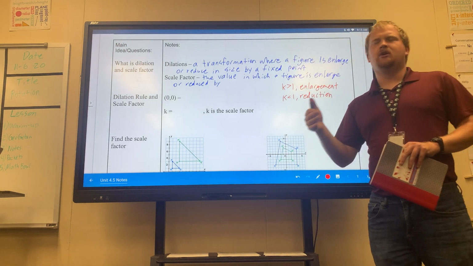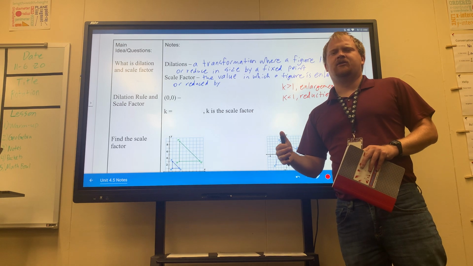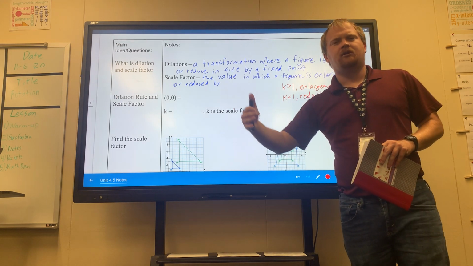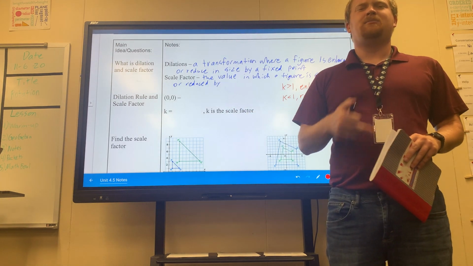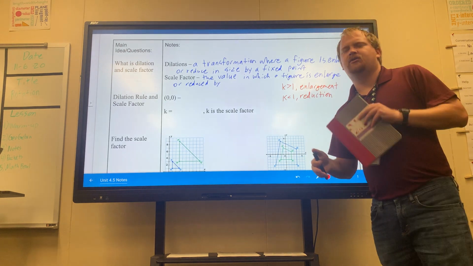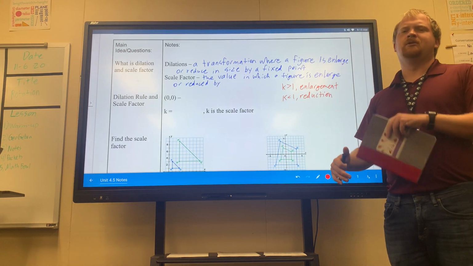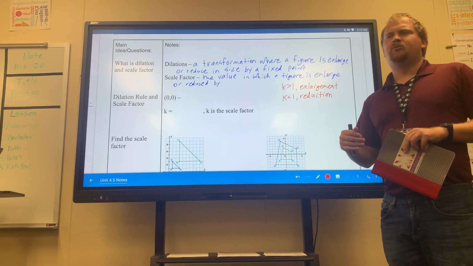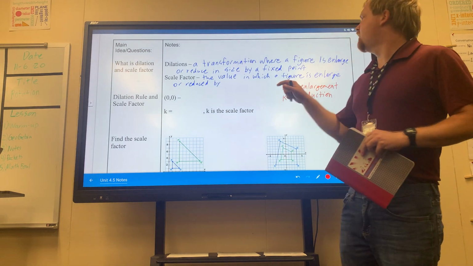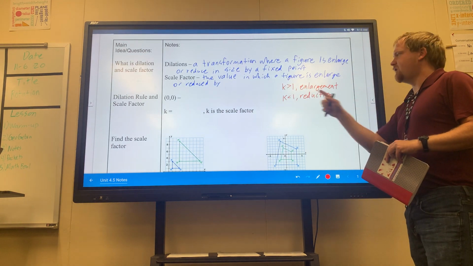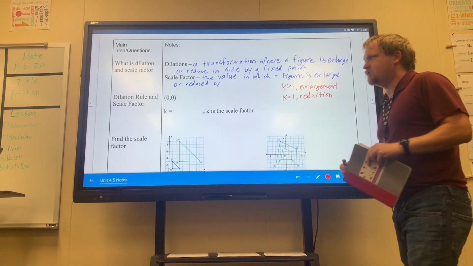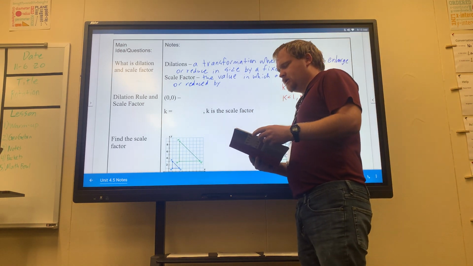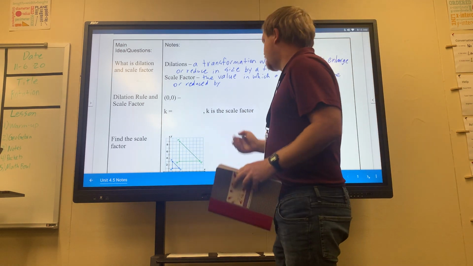Because remember, if you double the size of something, that means it's getting bigger. If you cut something in half, this means it's getting smaller. Okay, so that's how we know which ones are enlargement and which ones are reduction. So what you got to keep in mind is anything bigger than 1 is an enlargement, anything smaller than 1 is a reduction.